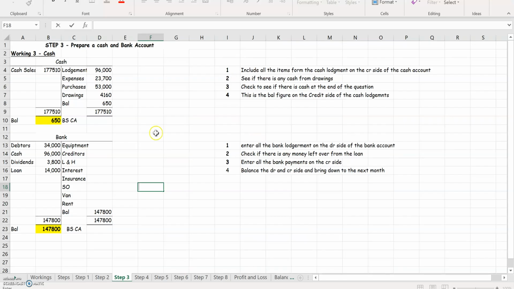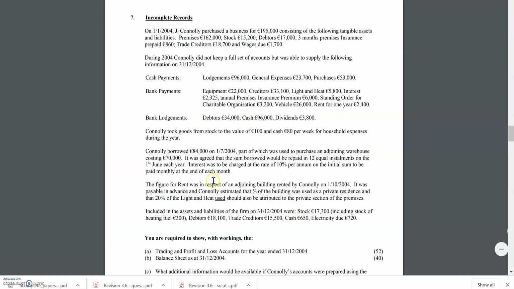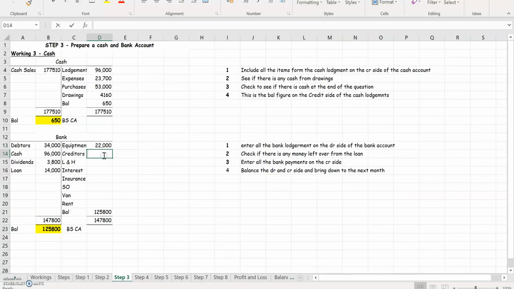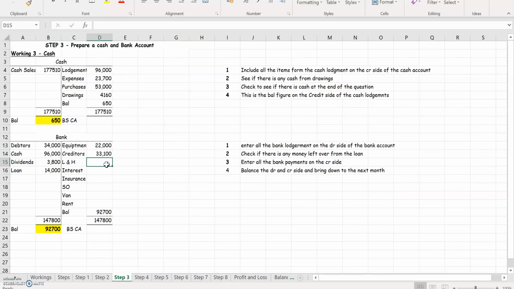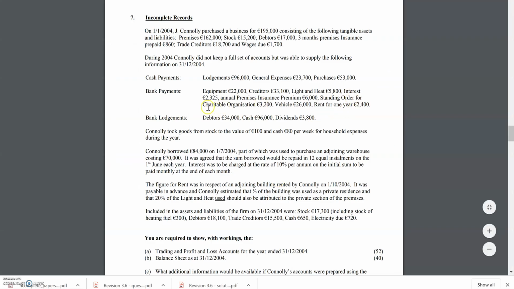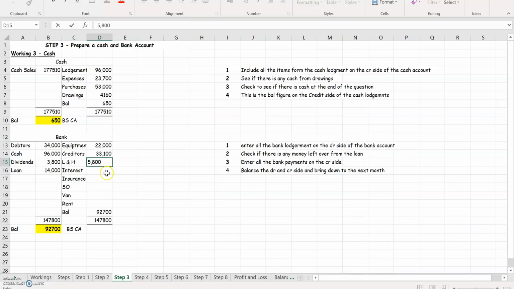So you've got equipment then, 22,000. The next bank payment, creditors, 33,100. Next item then, light and heat, 5,800. Next item, interest, 2,325.